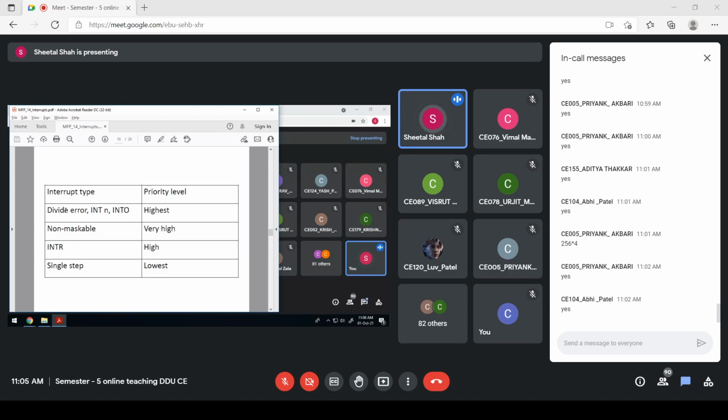Say suppose the processor is currently processing the ISR for divide by 0. Meanwhile, an interrupt is generated at the NMI pin, the non-maskable interrupt. In that case you may ask that if it is non-maskable, it should be at the highest priority, isn't it? If both the divide error and NMI interrupts occur at the same time, what would the processor do?